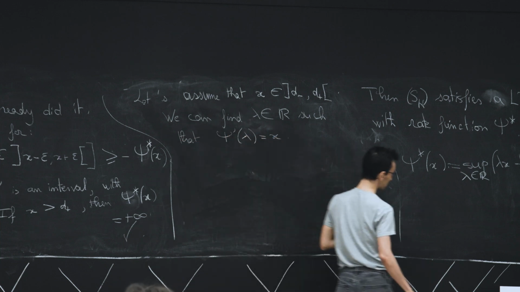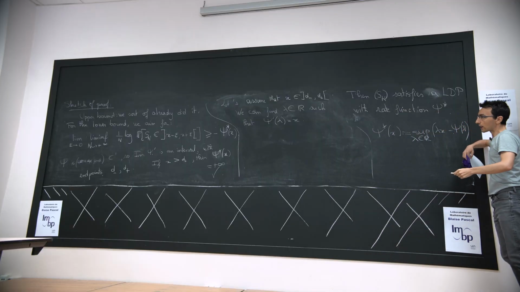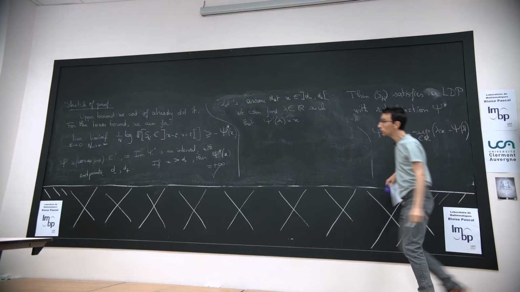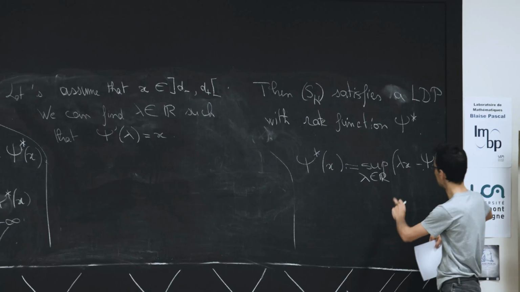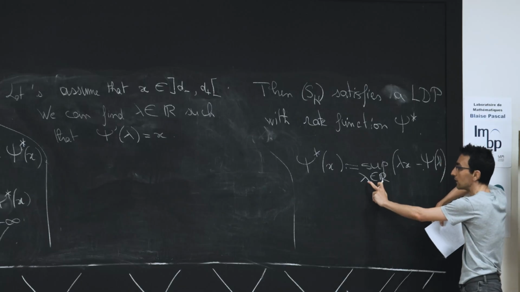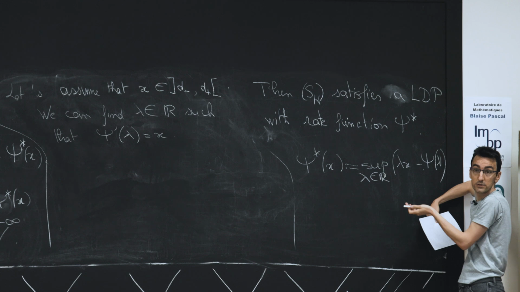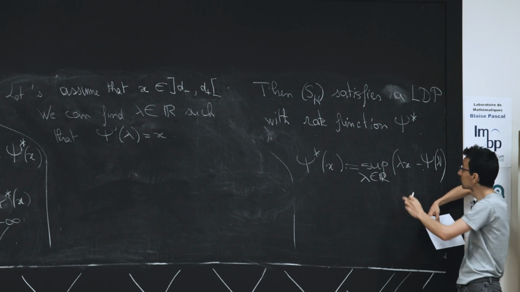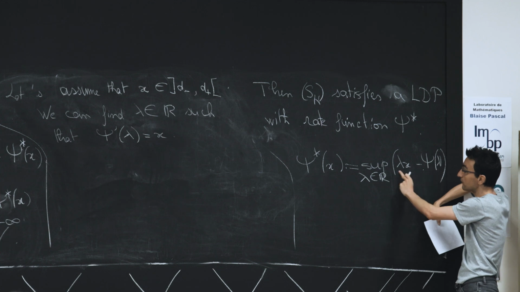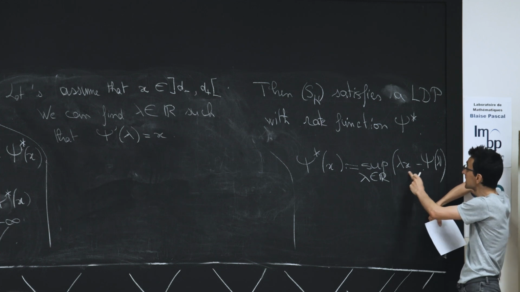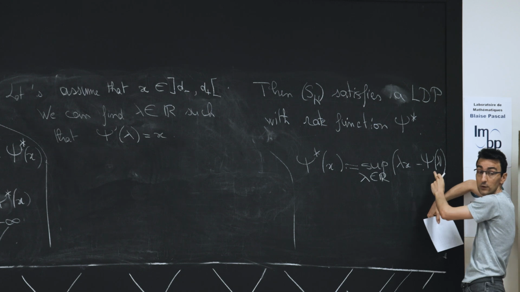And why do I do this? It's because we're trying to show this inequality where psi star is defined as an optimization problem. It's written here. And what is the best value of lambda? This is what I should be concerned about. If I look at this and just take the derivative in lambda in this expression, you get x equals psi prime of lambda if you set the derivative equal to 0.